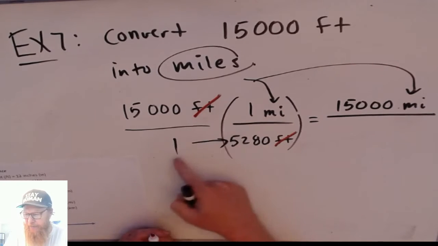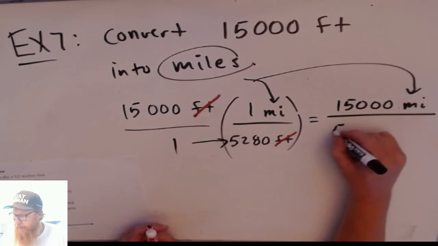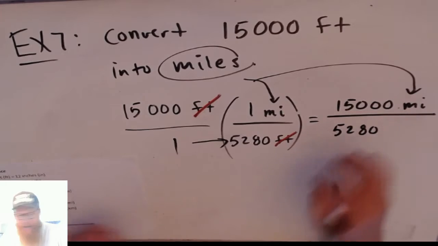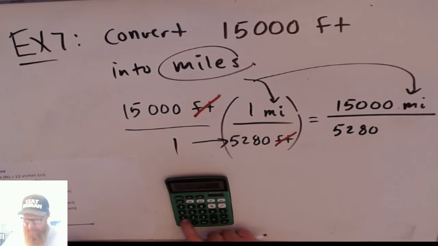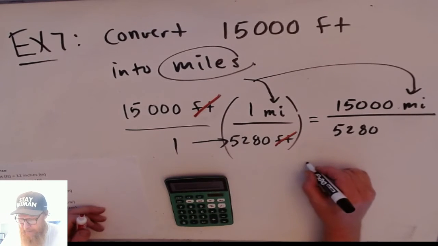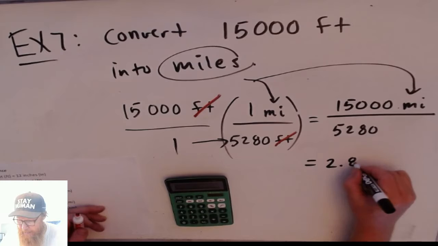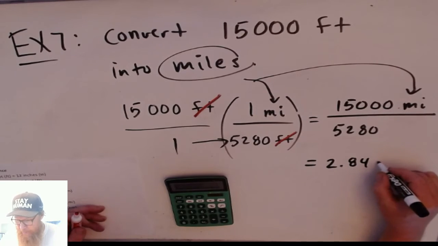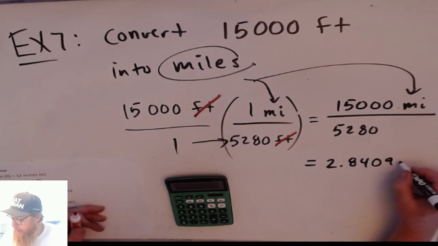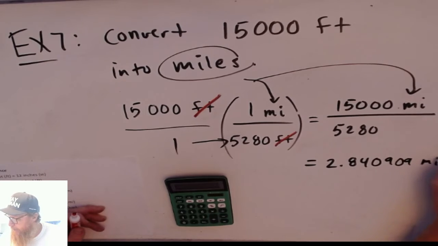And then multiply the denominator, 1 times 5,280. And then for these big numbers, I'm going to use a calculator. And I'm going to get 2.840909 miles.